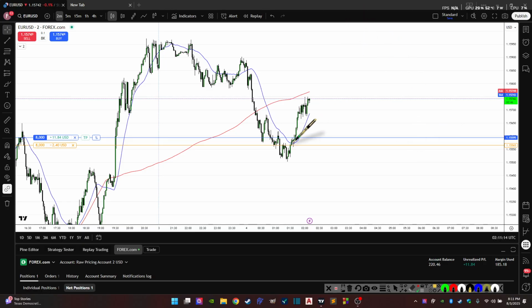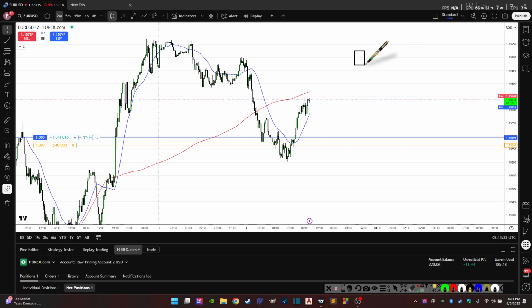In this example, we had the 20 moving down, price started to break above, and it caught the price. So we're looking at this as dynamic support and resistance. It held the price there and stopped it, so we have that black candle.